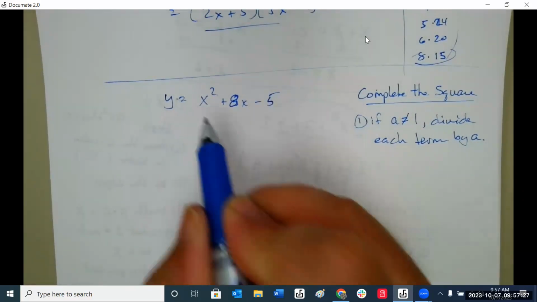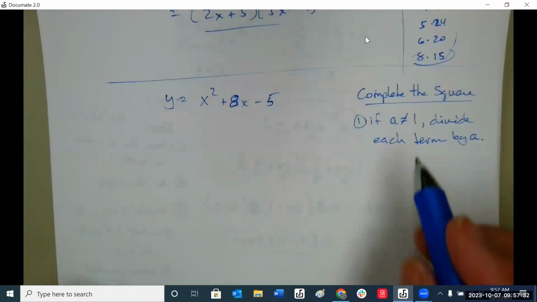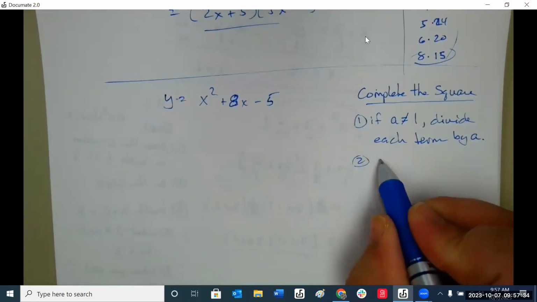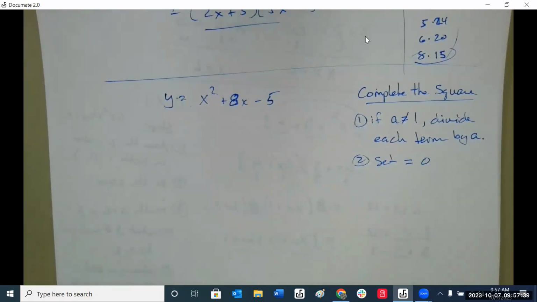Since a equals 1, we're good to go. If not, then we'd divide each term. Set the equation equal to 0.